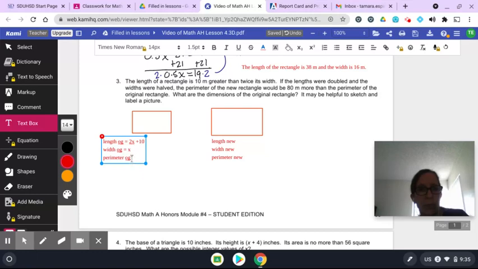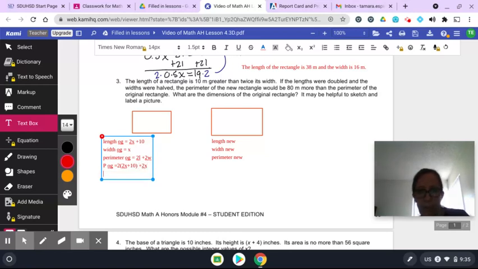I am going to do my perimeter. I know that's 2 lengths plus 2 widths. That's my normal, and now I gotta clean that up. The length is 2x plus 10. Perimeter OG equals 2 lengths plus 2 widths.